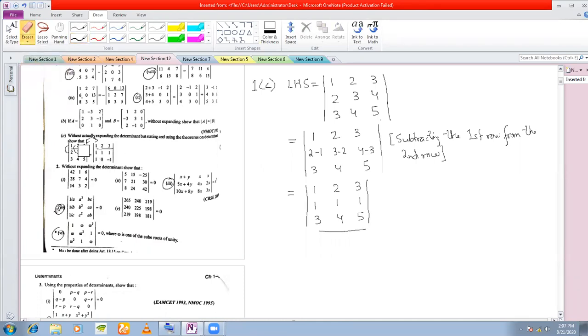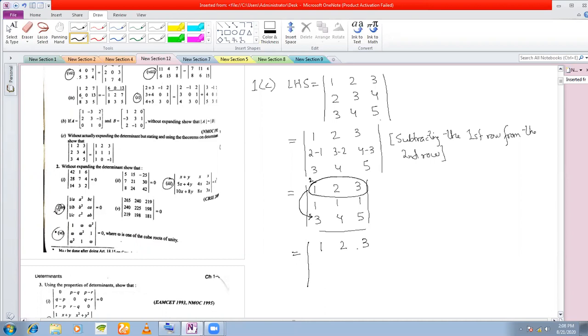So if you multiply this row by 2 and subtract it from this row, what will you get?